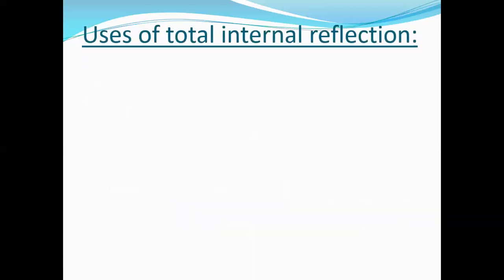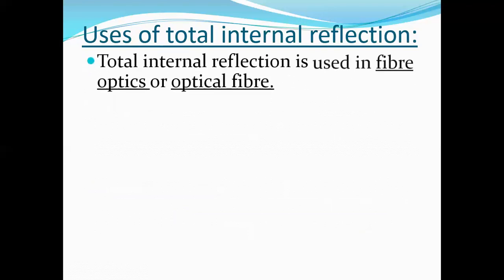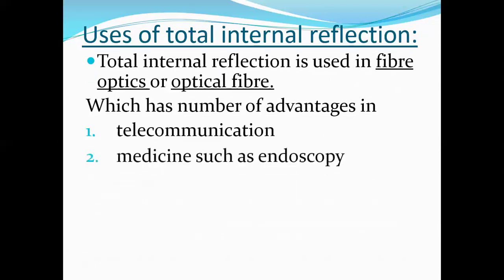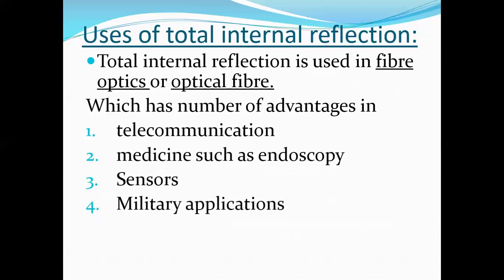What are the uses of total internal reflection? Total internal reflection is basically used in optical fiber or fiber optics, which has a number of advantages in telecommunication, medicines such as endoscopy, gastroscopy, sensors, military applications, and industries.